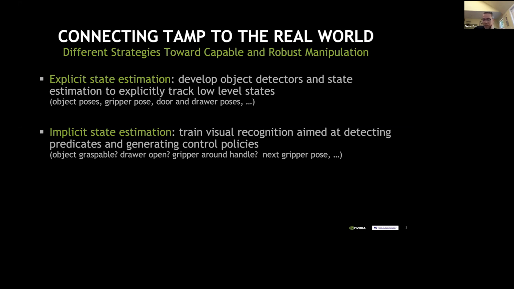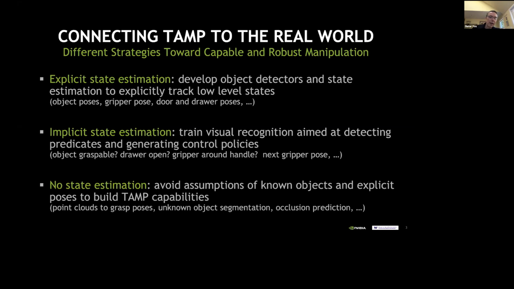And also training the system such that it can generate the kind of information that is necessary such that the robot can execute its task. So, for example, rather than estimating an object pose, it just asks, is the object currently graspable? Is the drawer open, or is the gripper around the handle of a door or something like that?